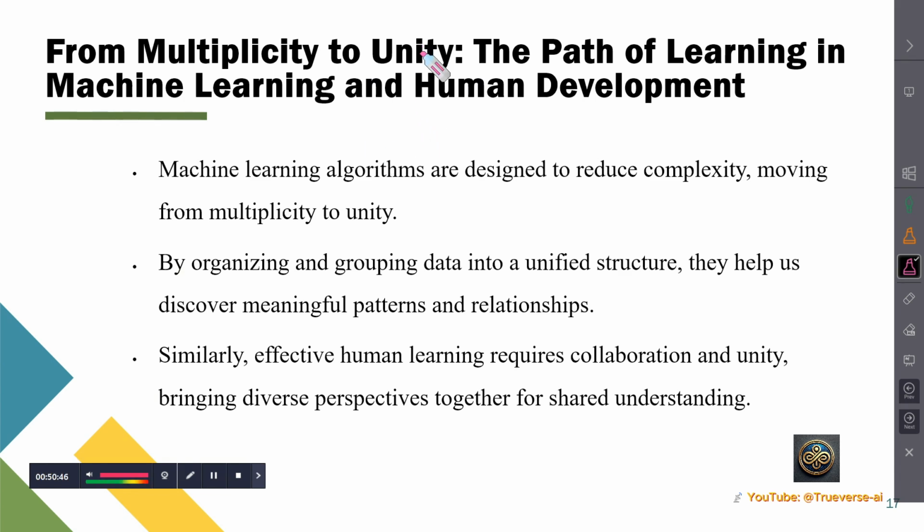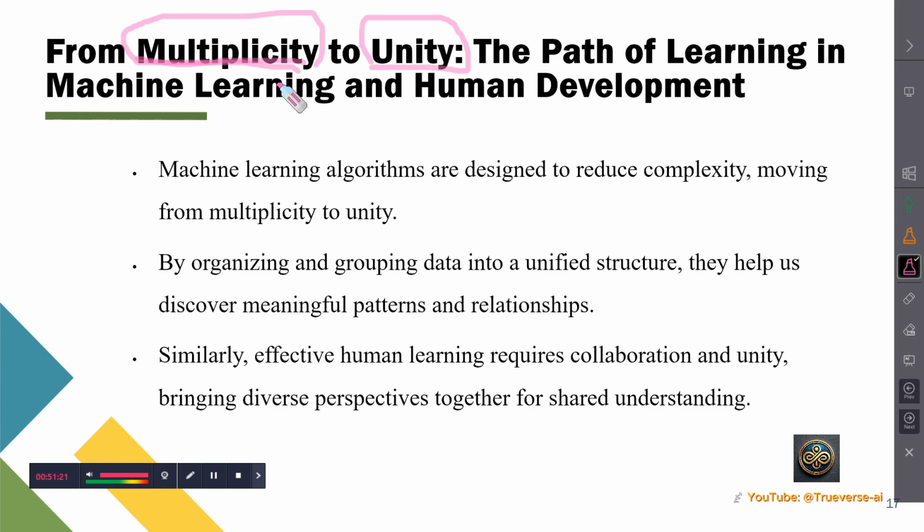I made it through my experience. From multiplicity to unity. Wow. All AI is here, especially machine learning and deep learning part. Supervised, unsupervised is through this slide. And you can understand many things just based on this simple metaphor.